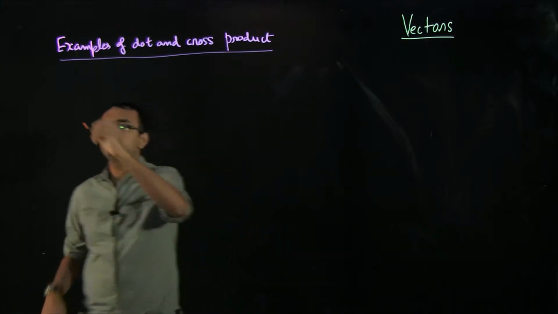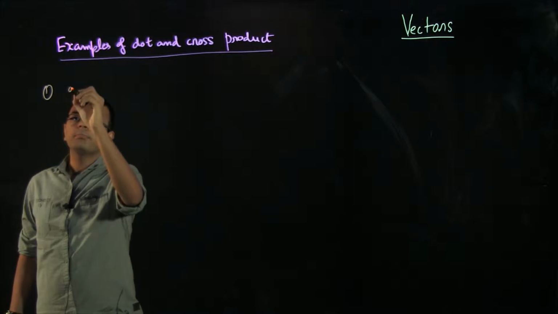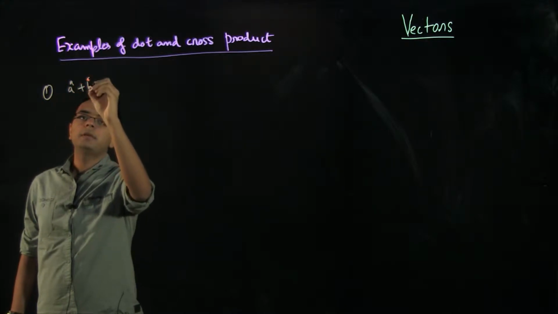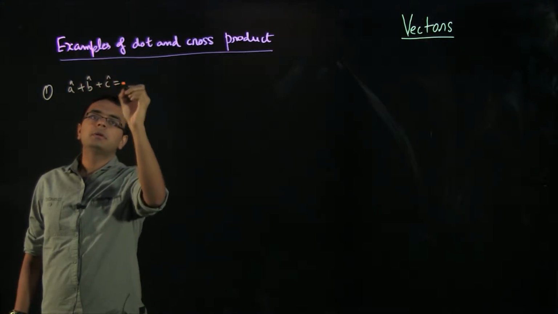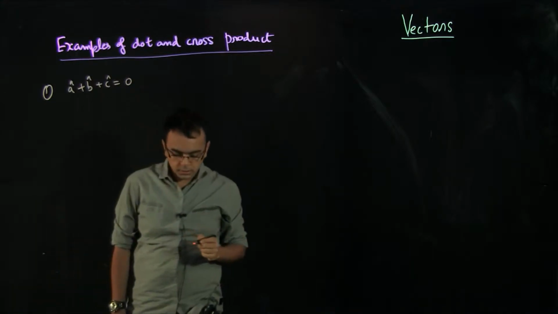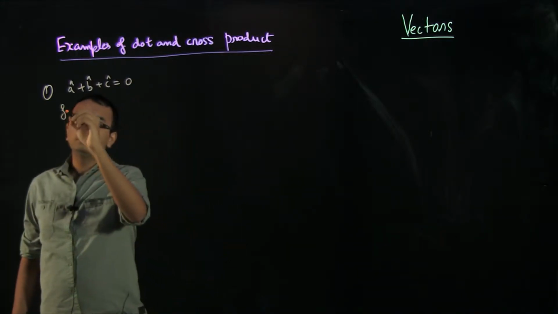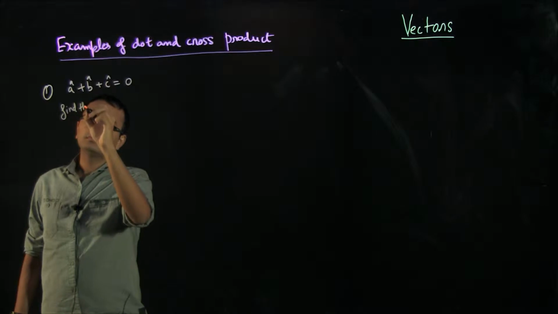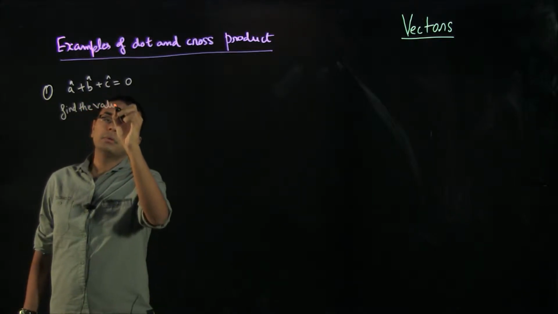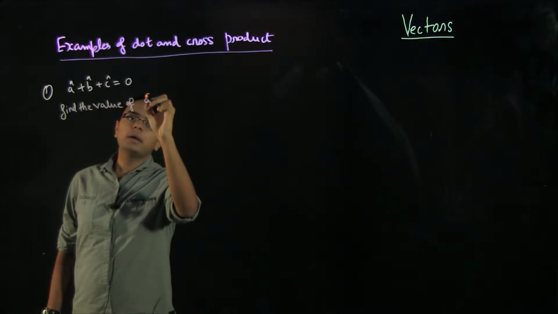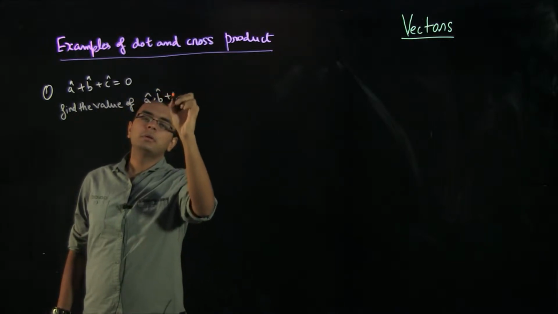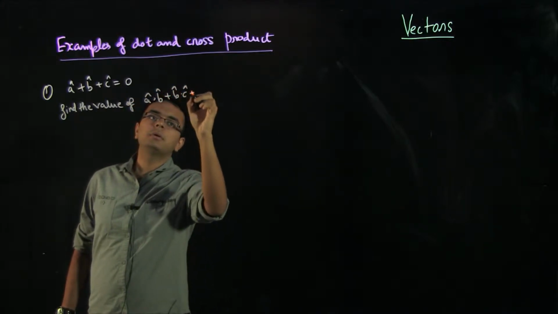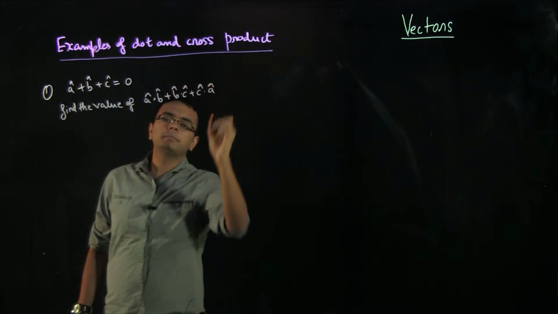So let us start by taking a question, and the question says that a cap plus b cap plus c cap is equal to 0, then find the value of a cap dot b cap plus b cap dot c cap plus c cap dot a cap.